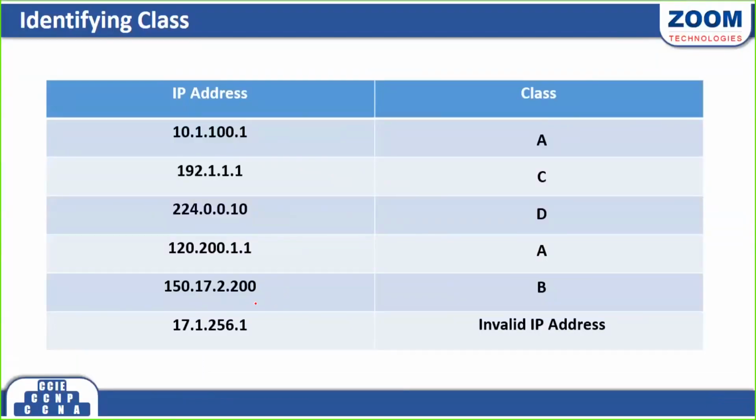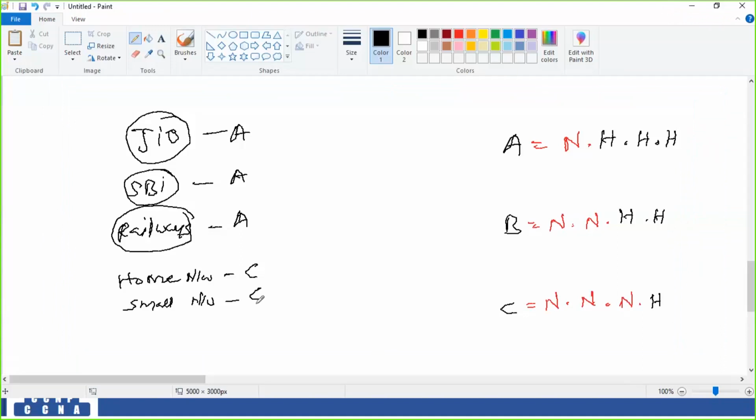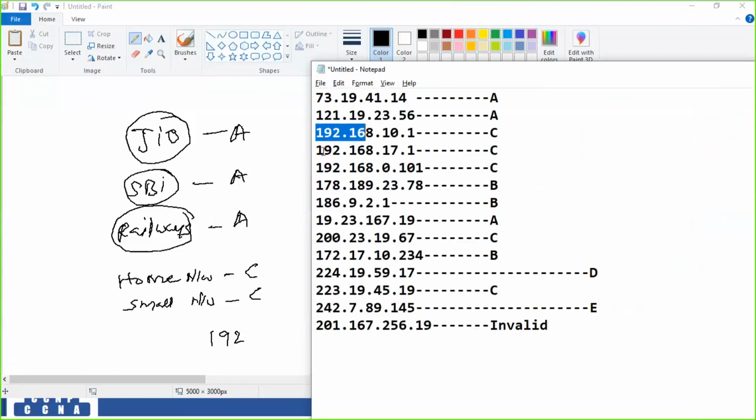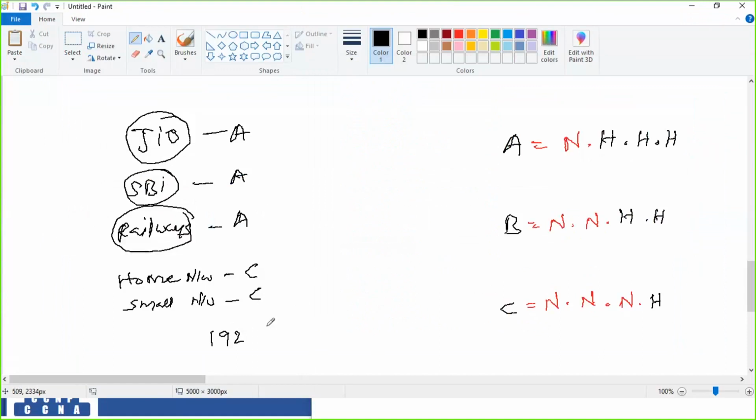Class C range starts with 192 to 223. That is why many people give examples like 192.168, because we are very familiar with 192 IP addresses. You know why?